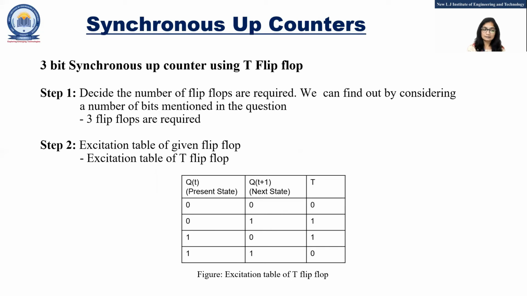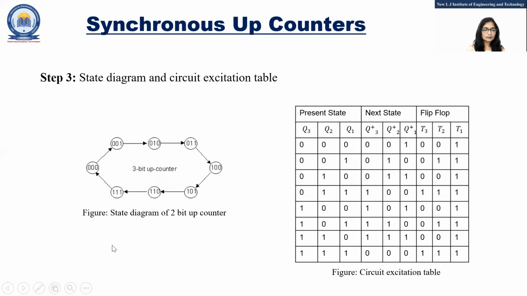Now suppose you want to design a 3-bit synchronous up counter. The steps will be the same, and the excitation table will be the same. The state diagram will be different, because here 3 bits are there. For 3 bits, we will use 3 flip-flops, so there is a slight change in the excitation table also. The 3 flip-flops will use T1, T2, T3.